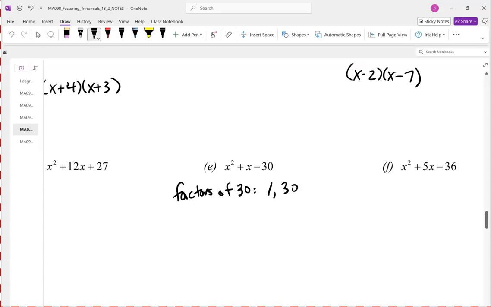What else we have? 2 and 15, good. Yeah, 3 and 10. 4 doesn't work, right? 4 doesn't go into 30, but I also heard 5 and 6. And again, now we know we're done because we got to 6, right? We went to 5 and then 6 was on the other side, so we know we're done.